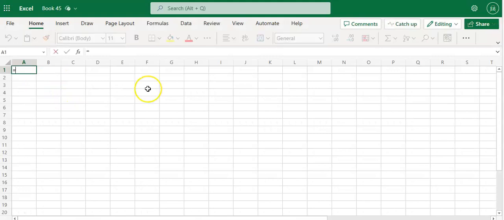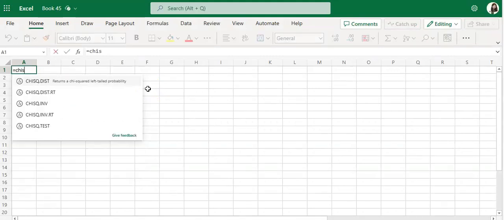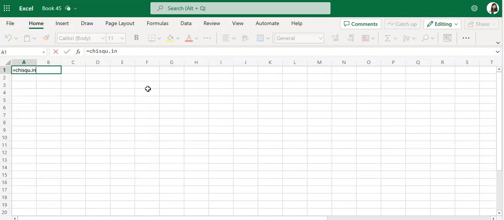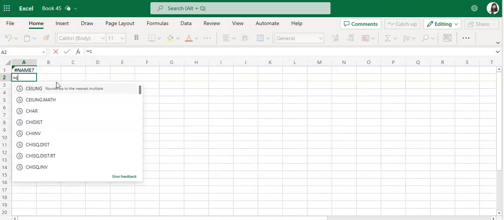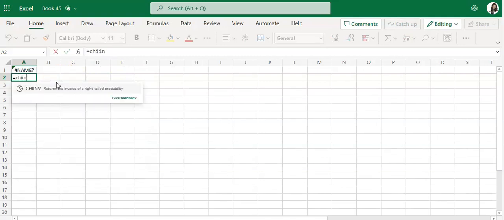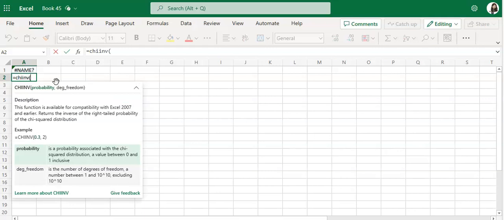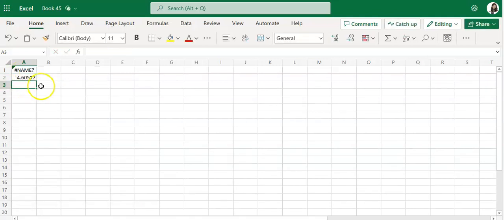So we're going to do equal chi-square.inv, and we're going to do 0.10, 2 degrees of freedom. Oops, something I must have typed wrong. Let me do it again. Let's just do chi inverse. I didn't think I had to write that square. 0.10, 2 degrees, and there it is, 4.605.